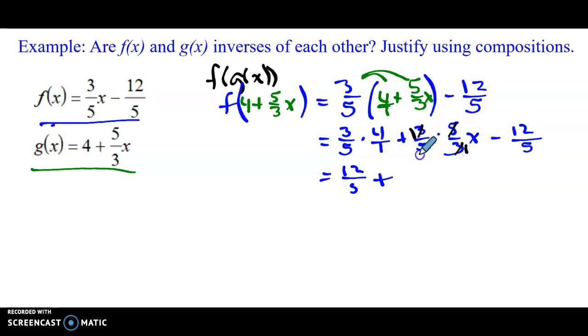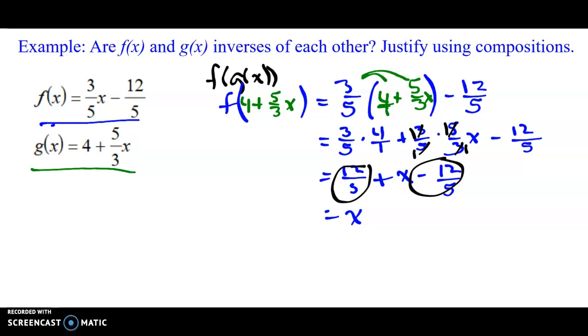Both of these are divisible by 5, so that's 1. So we're left with x plus x. Bring down the minus 12/5. Oh, look at that. If we combine like terms, 12/5 minus 12/5, they cancel each other out, and we are left with a positive x. So now we know f of g of x is equal to x.